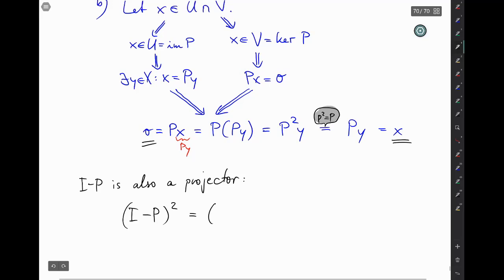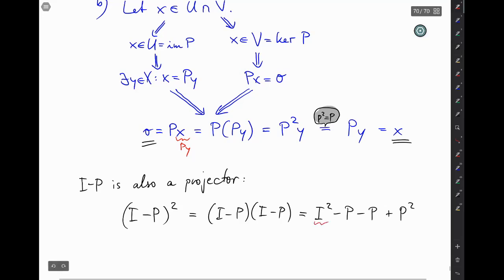So what do you see? You see I minus P times I minus P, and that is I squared, which is I, minus P minus another P plus P squared.